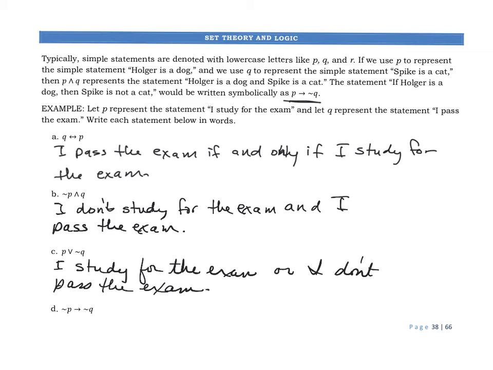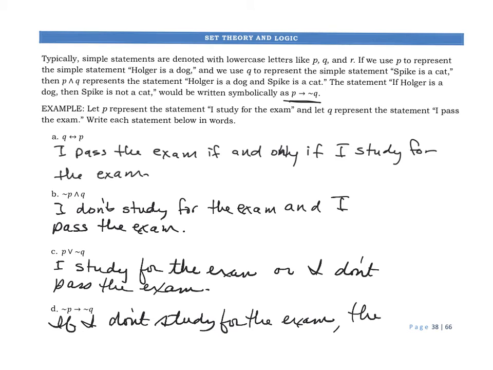Okay. And then we have on D a conditional statement, an if-then statement. So we're going to say if I don't study for the exam, then I don't pass the exam.